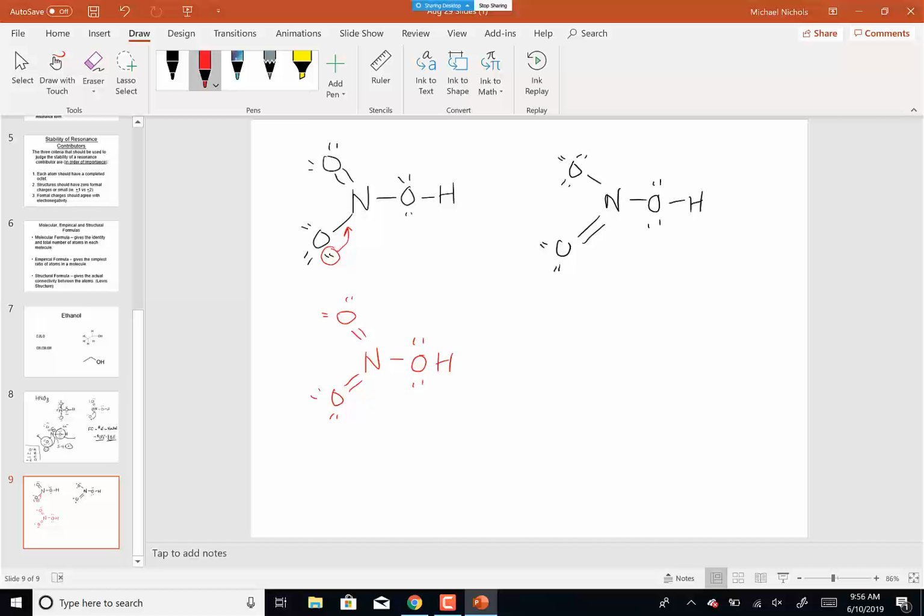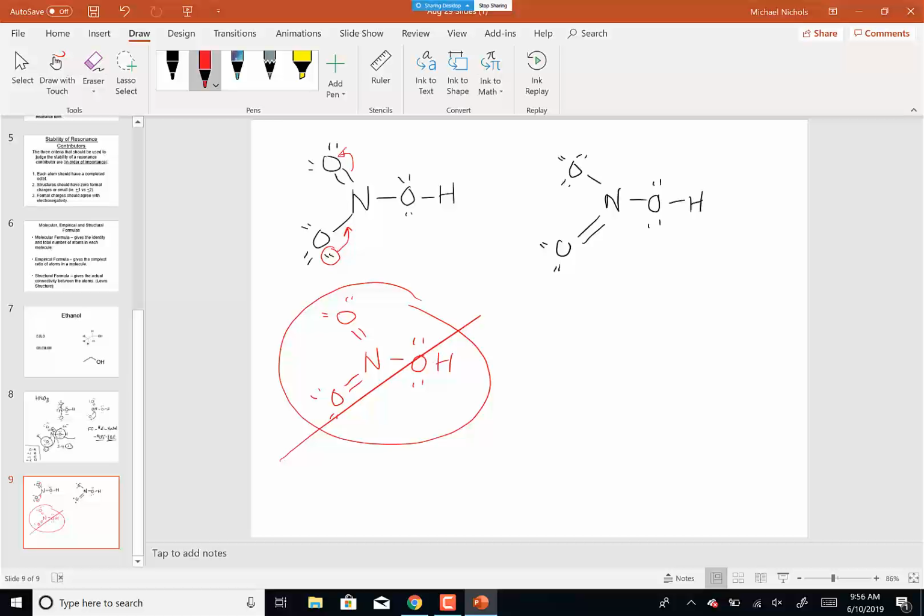This is not allowed. So if I move this pair of electrons to form the double bond here, I have to take this pair of electrons and move it out and give it to the oxygen. And if I do that, I've now turned the left-hand structure into the right-hand structure.